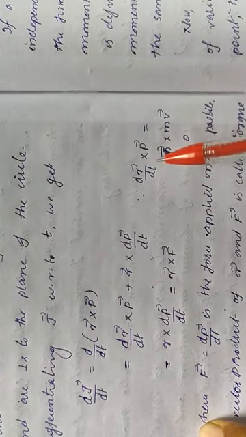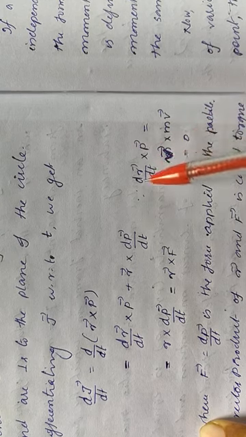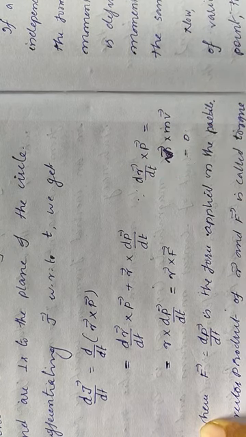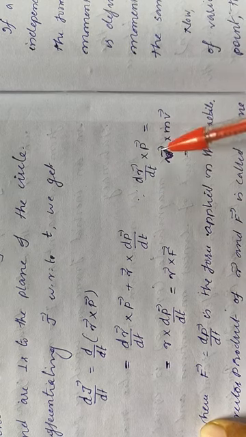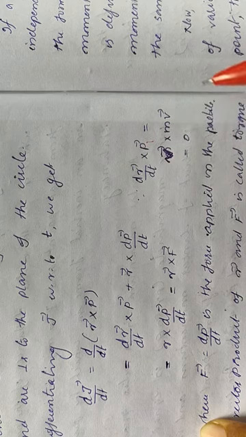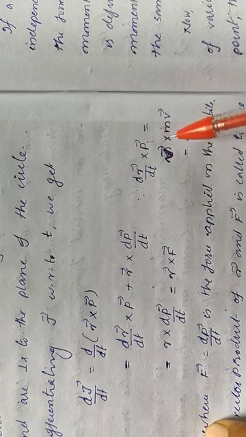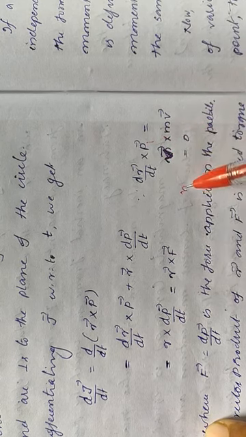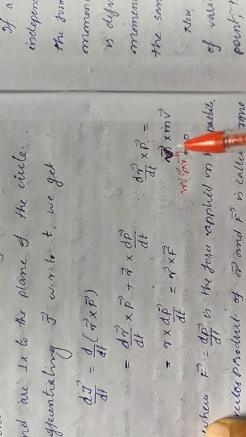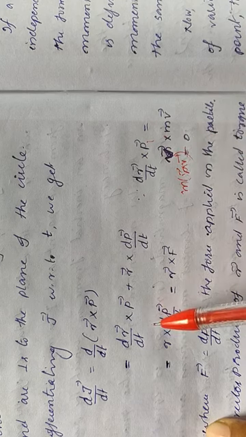In the term dr by dt cross P, R is the position vector, so differentiating with respect to time gives velocity V, and P is mv. So we have the vector product V cross mv. m is constant, so this is m into V cross V. The vector product of the same vector is 0, so the first term is 0.